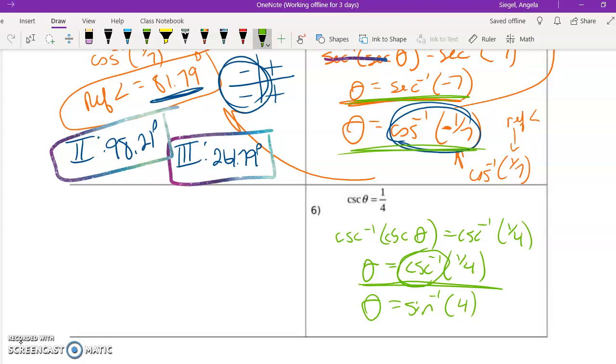That's what I'm trying to find. But here's the thing. Don't forget, sine just goes from -1 to +1. Remember we talked about that. Think about sine as opposite over hypotenuse. So you're saying that your opposite side is bigger than your hypotenuse. Sine will never be bigger than 1. So this is no solution. And we can stop there.